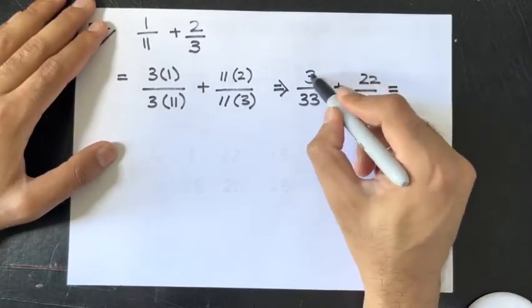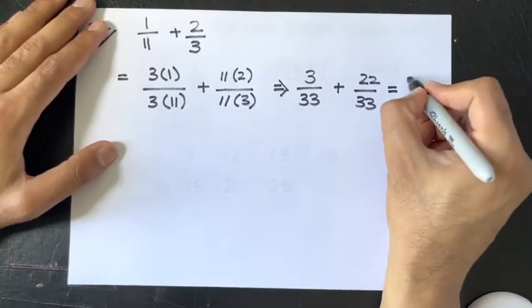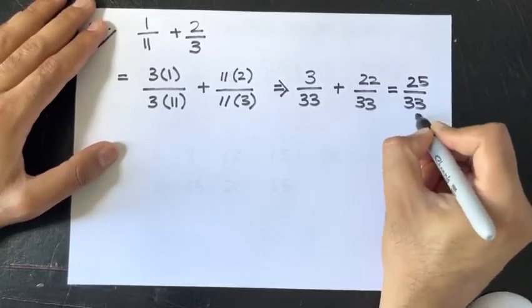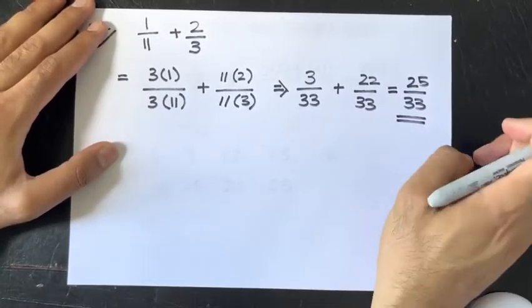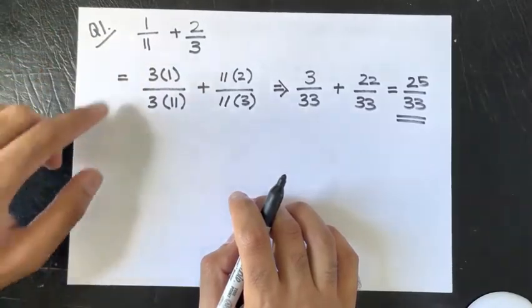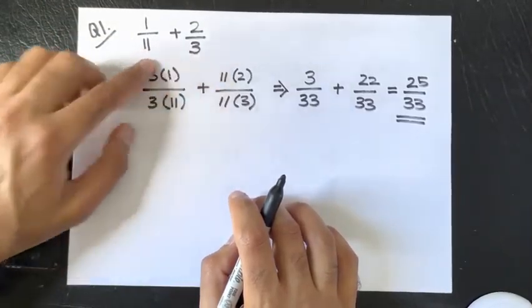Okay, so now we can just add the numerators together. So it'd be 25 over 33. And that would be the answer of 1 over 11 plus 2 over 3.